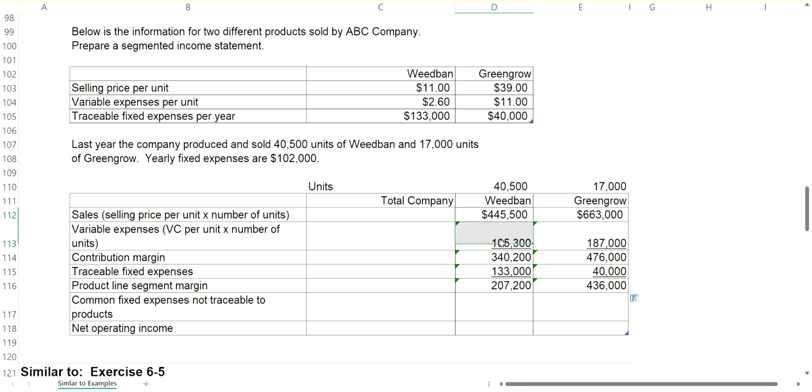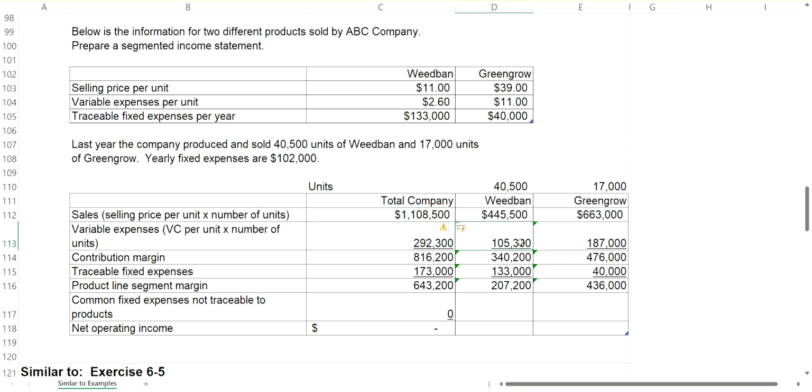Okay, now what I will do is add all the numbers for WeBan plus all the numbers for GreenGrow in order to get the total for the company. So for sales, I'll add 445,500 and 663 for a company total of 1,108,500. And then because I had it set up for it, it automatically did it for the rest.